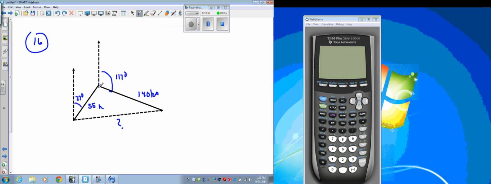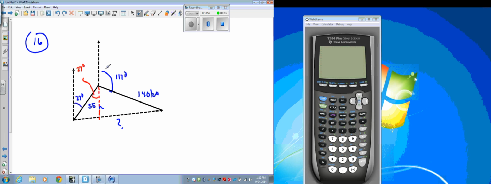Well, let's use some sort of scientific method here. What would be true about this angle and that angle? They'd be the same, wouldn't they? This angle here would be 27 degrees.